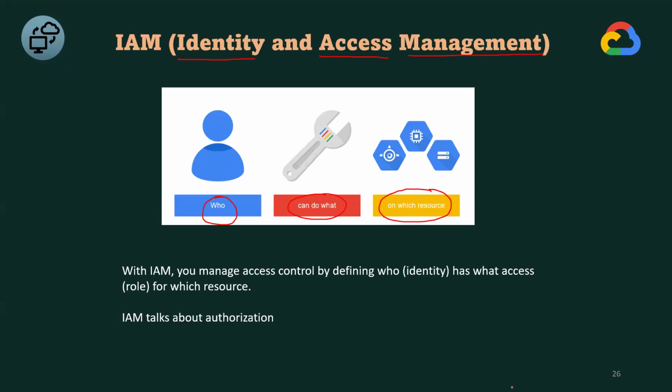So we now know that the context is that with the help of the IAM, we can manage the access control. That is our topic today. But how to take care of the access control with the help of the IAM, let us try to understand now.